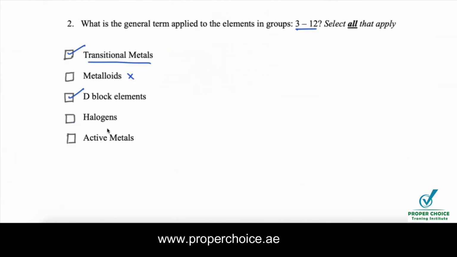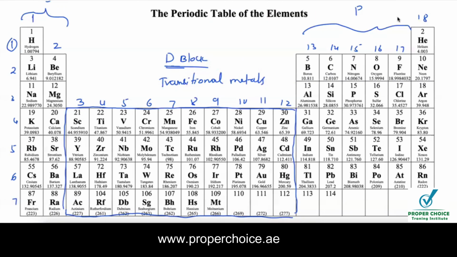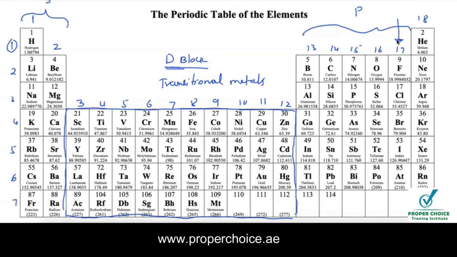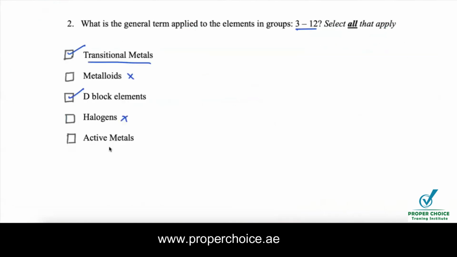Next, they are saying group number 3 to 12 are halogens, which is wrong. Which elements are halogens? The 17th group elements on the periodic table are called halogens, and they are the most reactive non-metals. And they are saying that group number 3 to 12 are active metals.